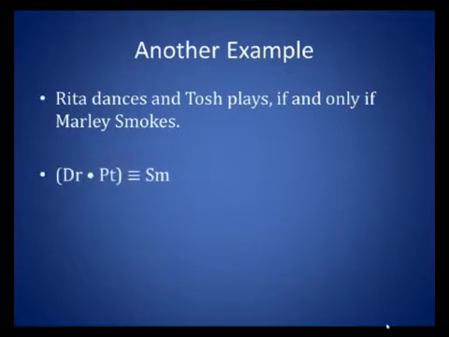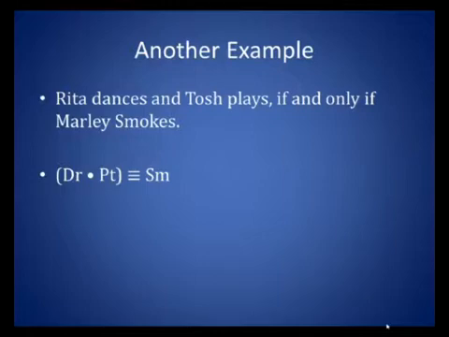So it would look like this. Now since this is a biconditional, it can be represented either way. Because what we're saying here is that Marley smoking is a sufficient and necessary condition for Rita dancing and Tosh playing, and vice versa.